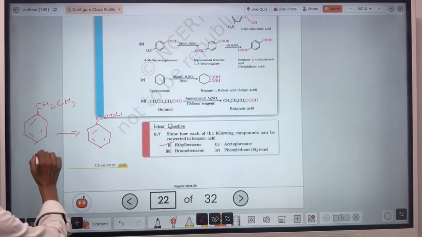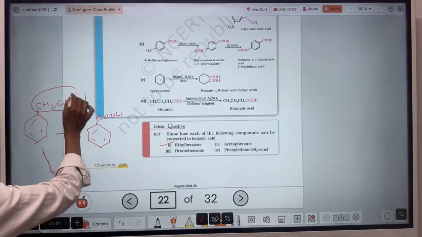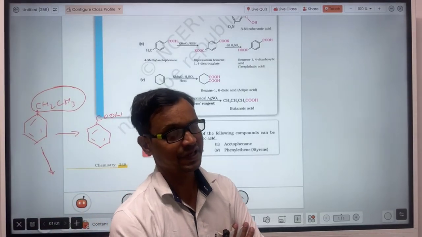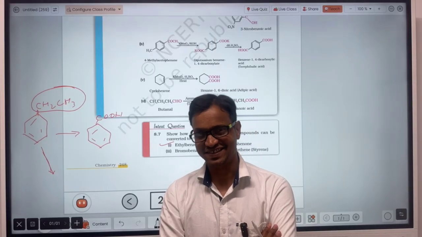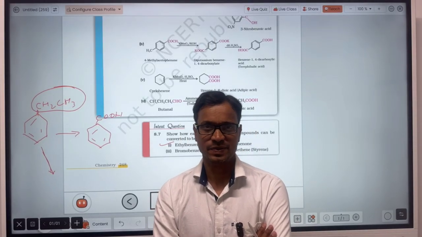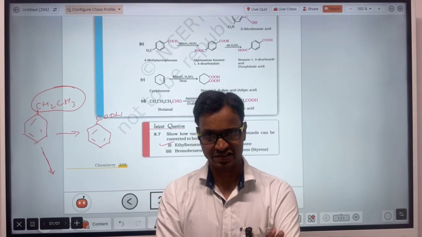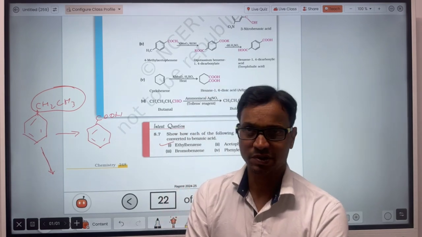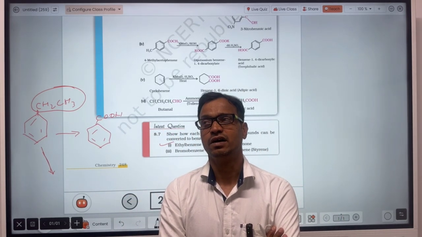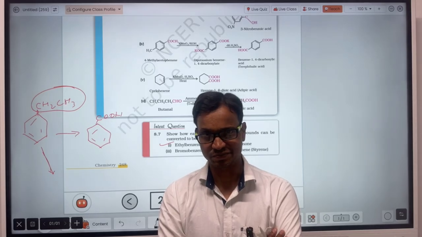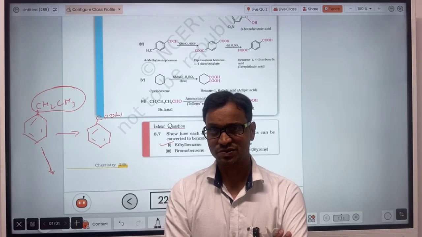What I have told you is that whatever be the length of the alkyl group attached to the benzene, when you treat it with alkaline KMnO4, there will always be formation of benzoic acid. The remaining carbon atoms are released in the form of CO2 and H2O. The carbon atom bonded to the benzene will convert into COOH, and the other part of the alkyl group will convert into CO2 and H2O.